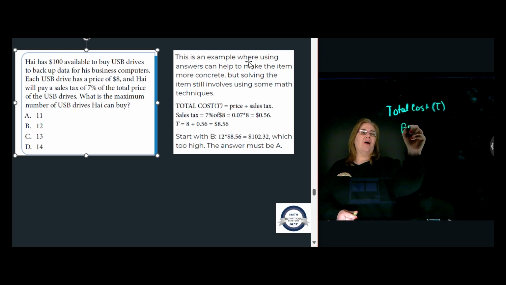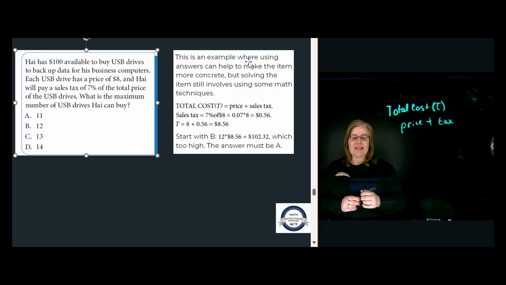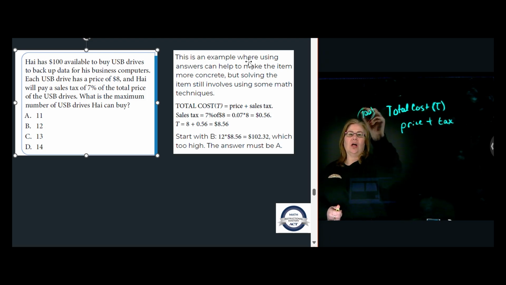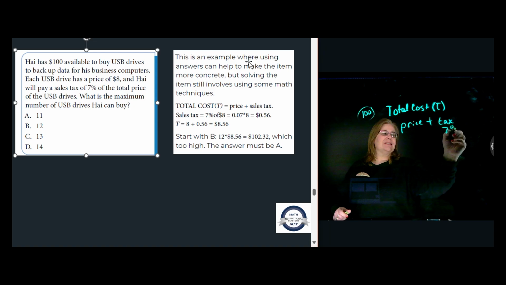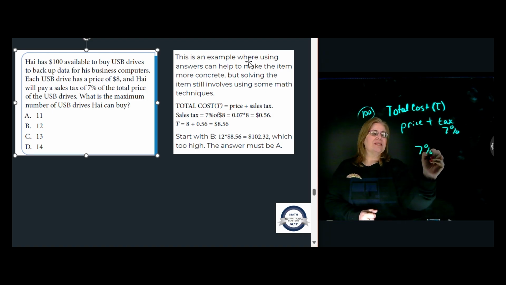And then we've got a price plus our tax. So that's what we are looking for. And we know that we've got $1,000 that we can use, and our tax is going to be 7%. So this is the information that we've got to use. The first thing I'm going to do is look at what 7% of the $8 is.